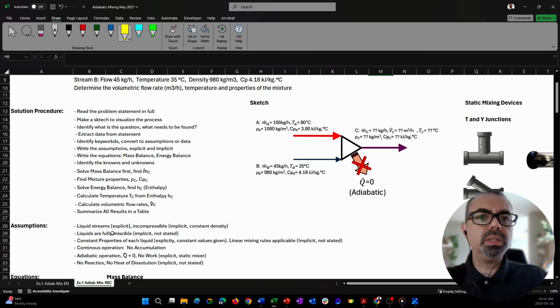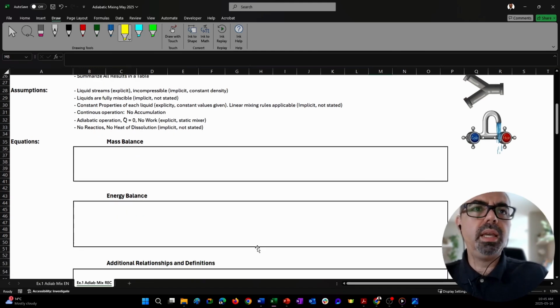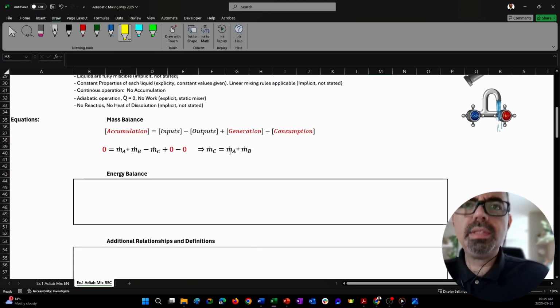And also, we're going to assume, and that's another implicit assumption, that the fluids are completely miscible, which is not stated. Next, we're also going to assume, which is clearly stated, that this is a continuous operation. So there is no accumulation in the system. Now we proceed to write the equations of the mass balance. So we always need to start writing the generic equation of mass balance, which is accumulation equals inputs minus outputs plus generation minus consumption.